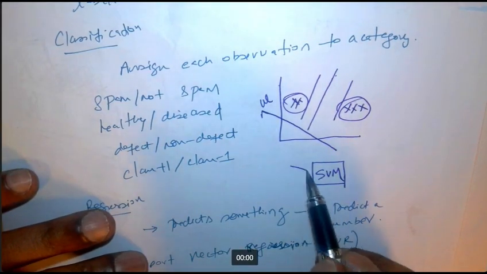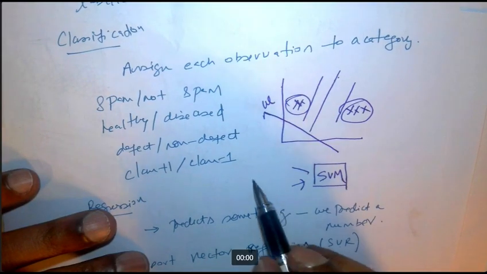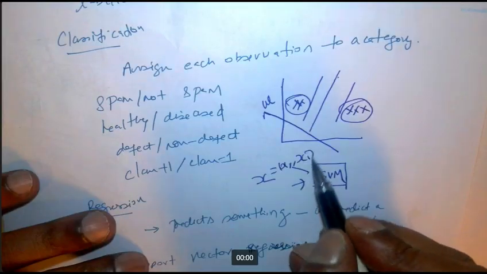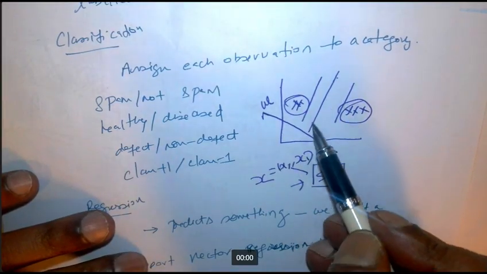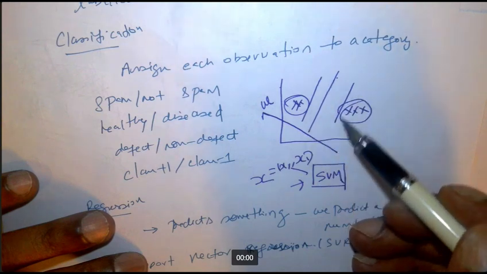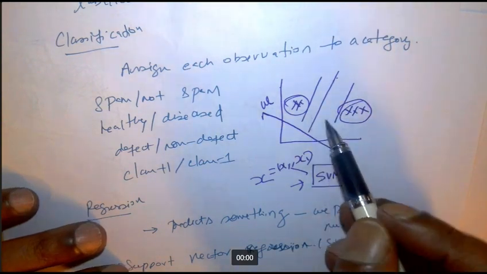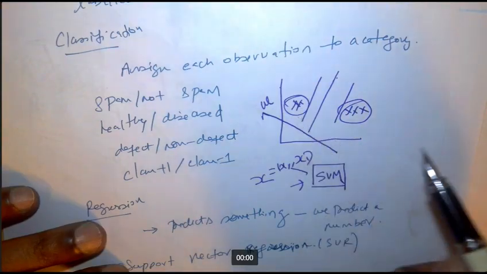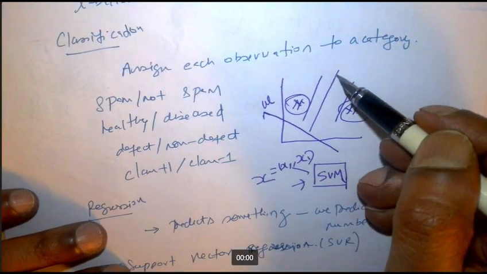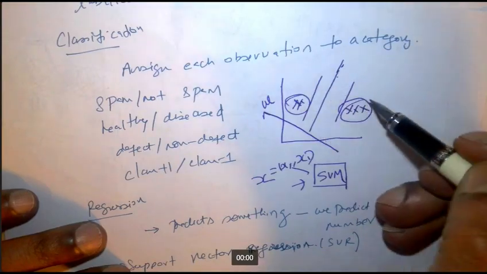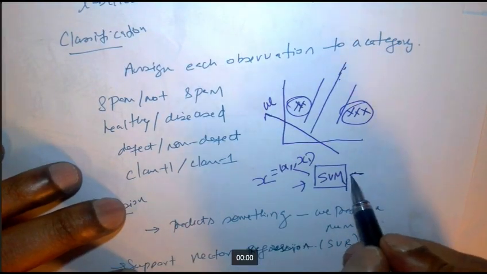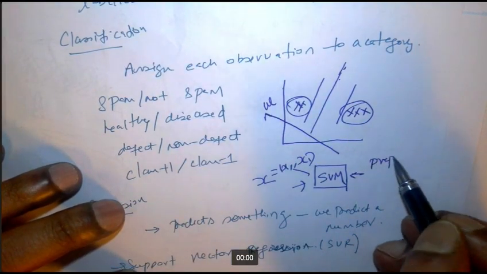Inside this box we will feed x, which is nothing but x1 comma x2, and then we will find the best hyperplane and the support vectors that correspond to the hyperplane for the given data. Once the decision boundary is fixed, once the hyperplane and the margin are fixed, we call this box prepared.